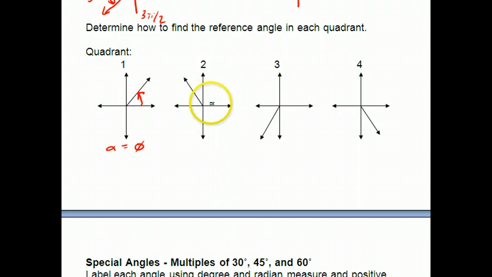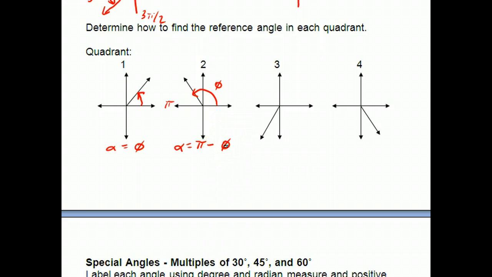Okay, when I have one in here, in the second quadrant, what I'm going to do is I'm going to count back from pi. So if this is my angle, my reference angle is going to equal pi minus my original angle.